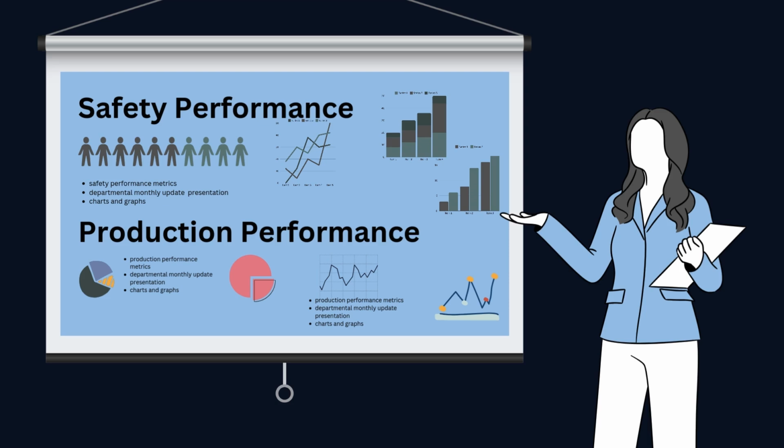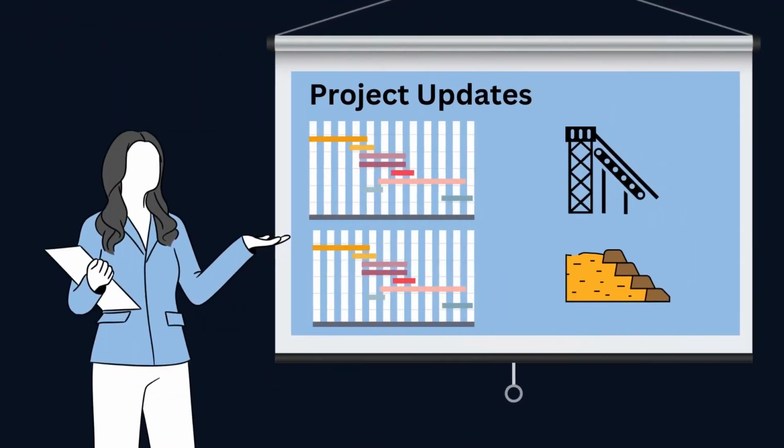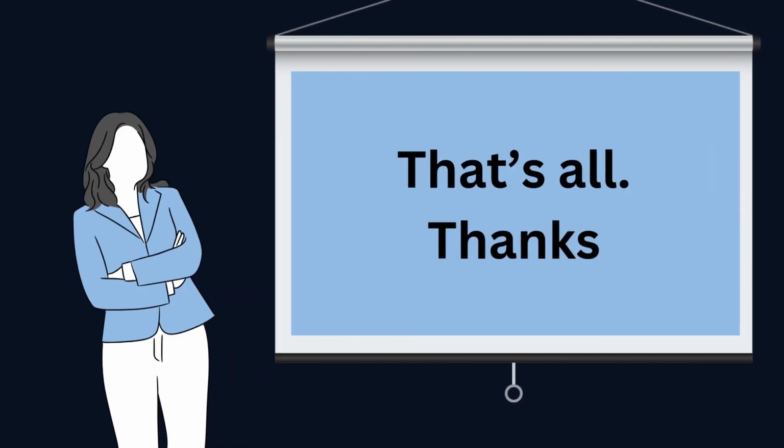Repairs are complete, and output is expected to return to normal levels next month. Efficiency metrics show a 3% improvement overall. The conveyor belt upgrade is 85% complete and expected to go live by the end of next month. The team is working hard to meet the revised schedule. The new tailings dam design has been finalized, and construction will begin next quarter. Further updates will follow. That wraps up this month's report. Thank you for your time. Please reach out if you have any questions later.